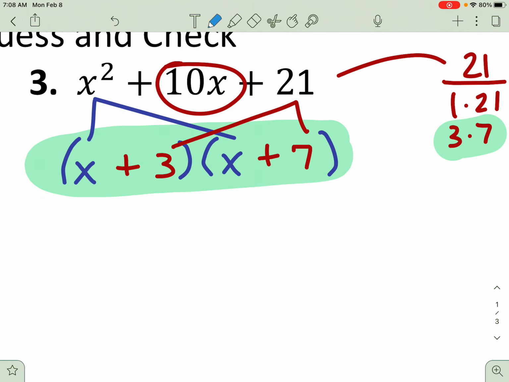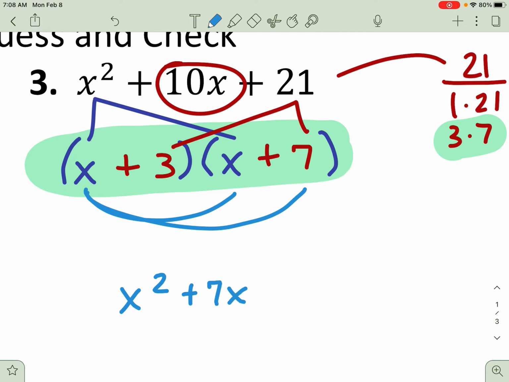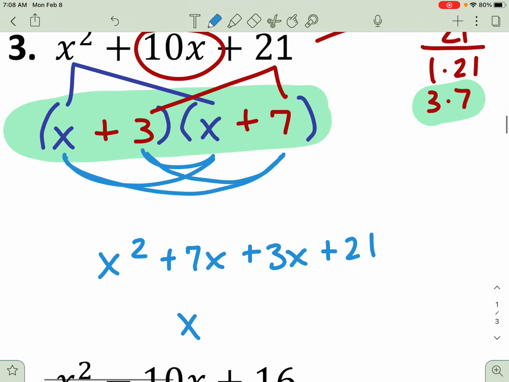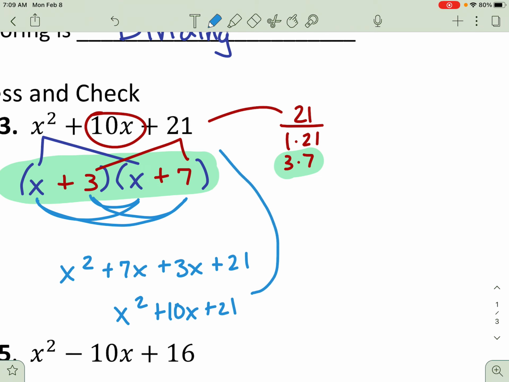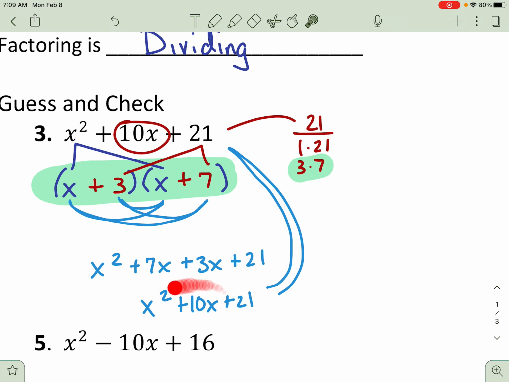So to check our work, what you can do is multiply it back out. So x times x gives you x squared. X times 7 gives you 7x. 3 times x gives you 3x. And then 3 times 7 gives you 21. So when you combine, you'll see it should be equal, right?